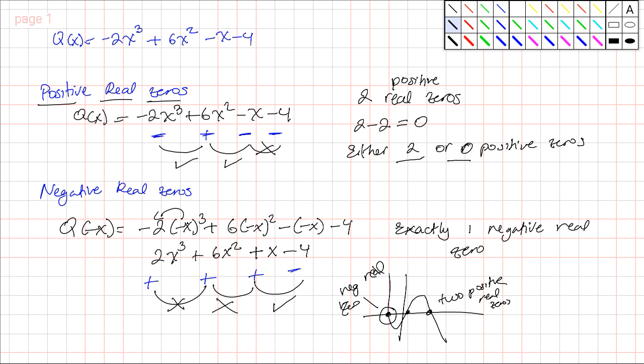Just by looking at Descartes, you couldn't have known that there were two, but you have either 2 or 0 positive zeros. You would have to know a little more information to actually do this graph, but it gives you a good start to know a little bit about the behavior of the polynomial and how many zeros it has.